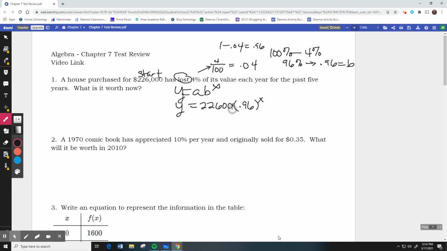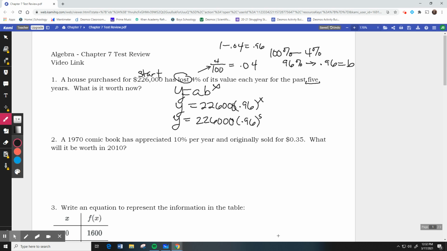And I'm missing a 0 here. All right, so then if we want to figure out how much it's worth after 5 years, we're going to plug in here for x, and that will give us our solution. So y equals 226,000 times 0.96 to the 5th power.